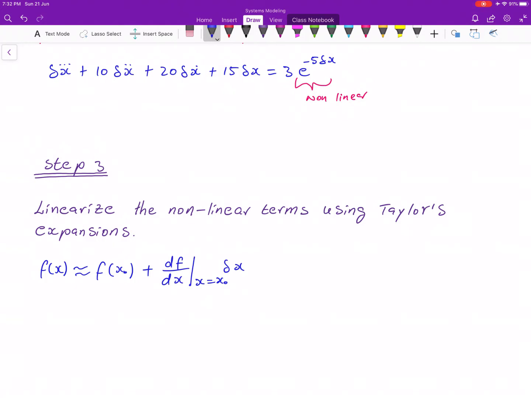And remember our function, because this is what we want to linearize.